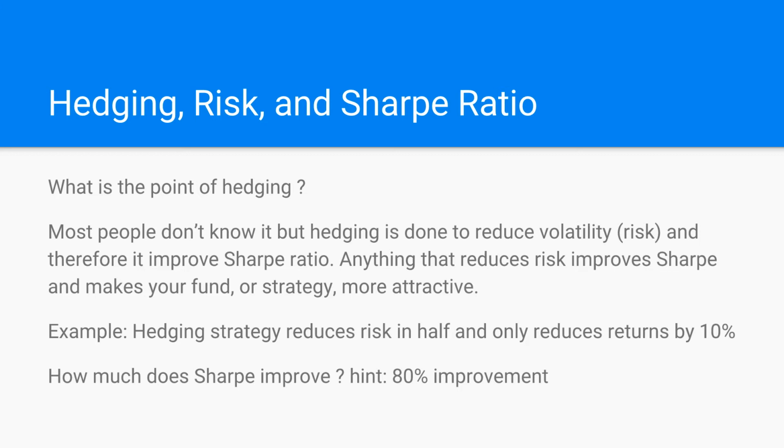So if I can find that magical hedging strategy which is cheap and also dramatically reduces my volatility, the Sharpe ratio of my fund or my strategy improves by 80%, which is a very good improvement. If the Sharpe ratio was 1, then it becomes 1.8. It's a fantastic improvement on the Sharpe ratio.